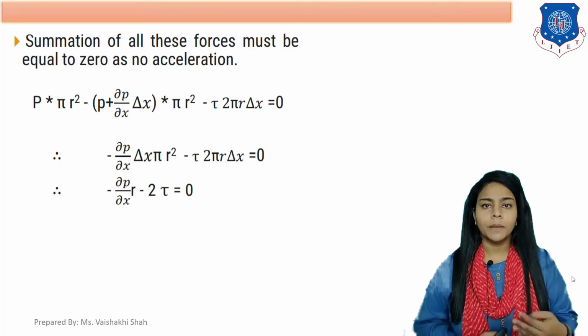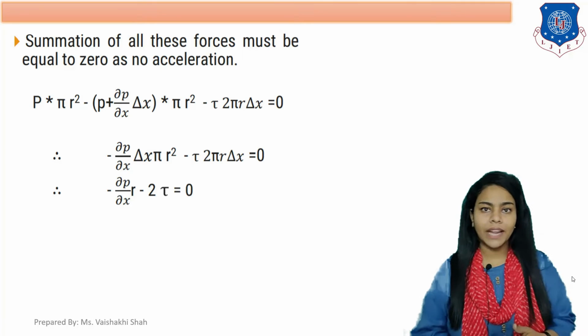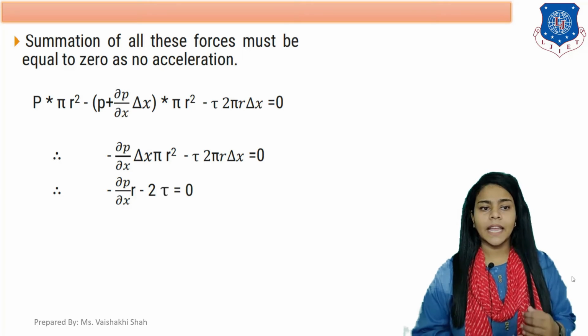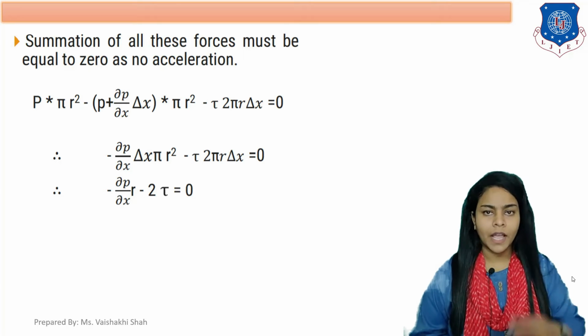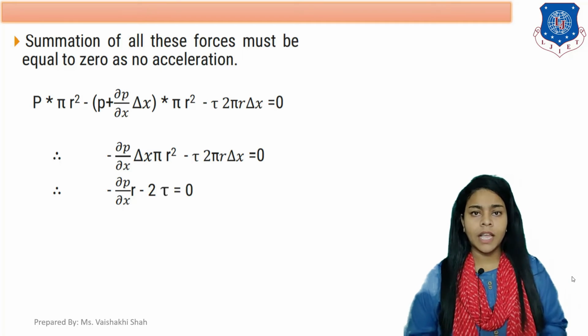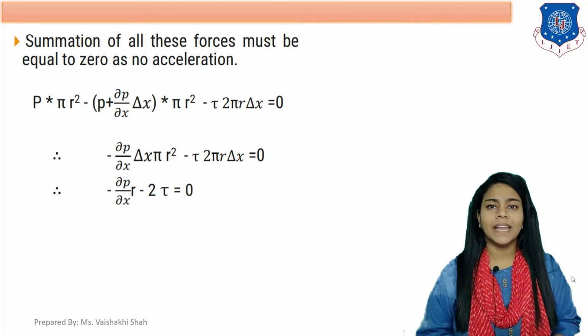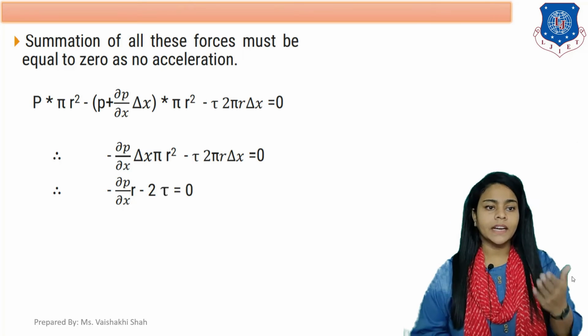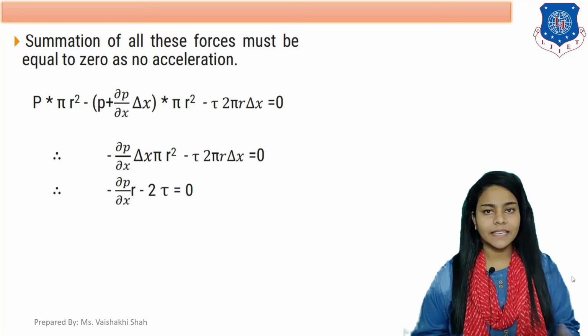Now by rearranging this equation, opening the bracket, you get minus del P by del x into delta x into pi r square minus 2 pi r tau into delta x equals 0. Here delta x and r cancel.